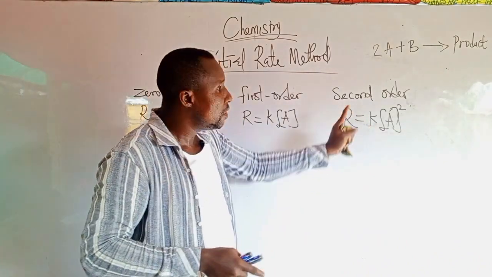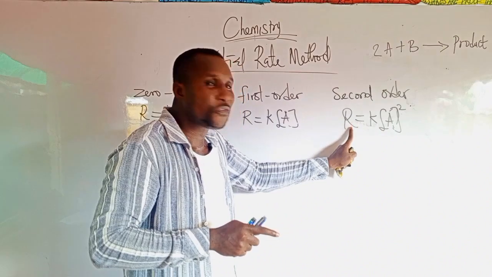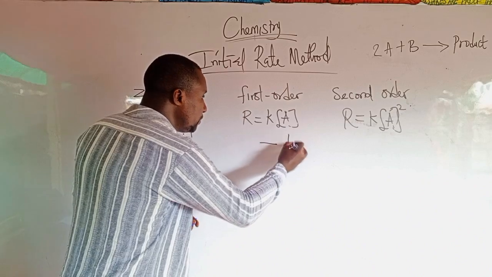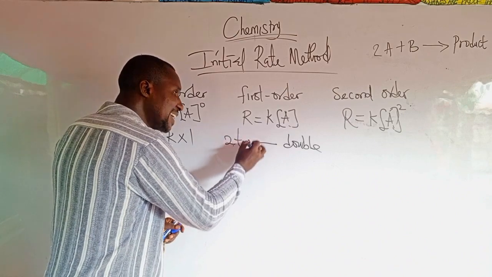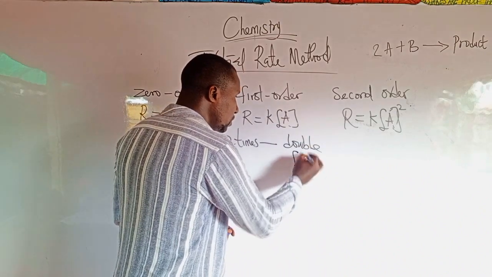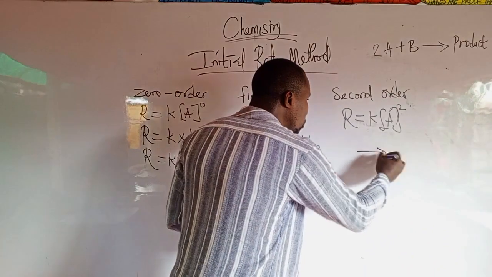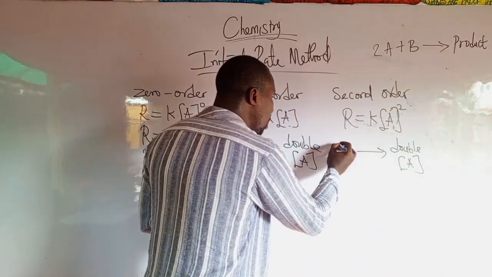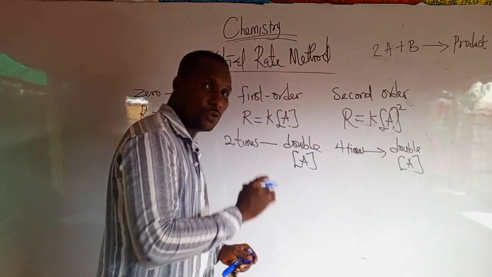For second order, if you double the concentration of A, the rate of reaction will increase 4 times. Please, this thing is very important. Take note. That is under second order.